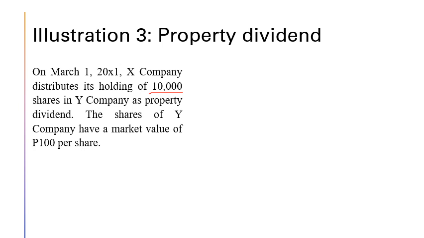Because these 10,000 shares owned by X company in Y company are part of its assets. And 'di ba, pag asset siya, that is a property dividend. Okay? Especially this is a non-cash asset. So, ang ipapamigay ni X company sa kanyang mga shareholders ay ang kanyang ownership of 10,000 shares in Y company.